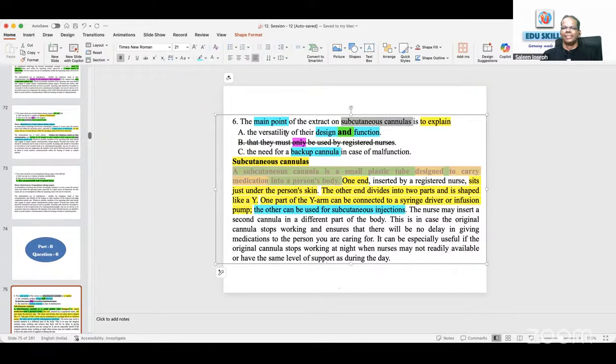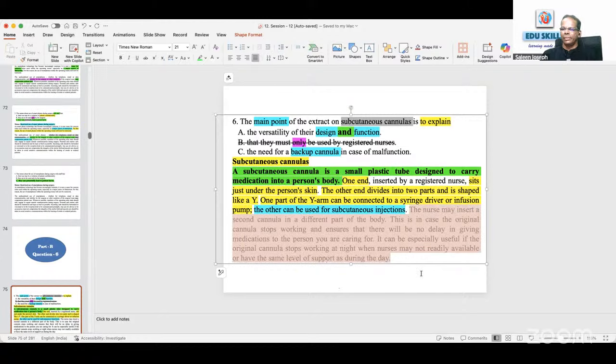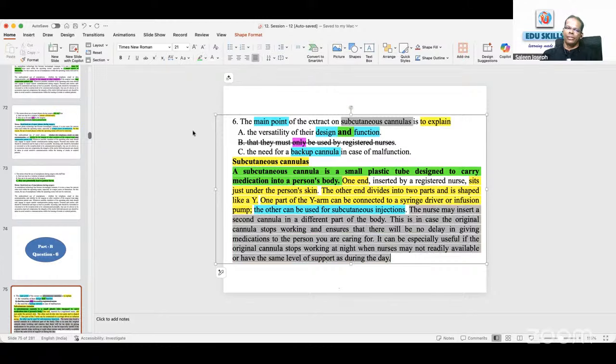Nothing else. Topic sentence gives you the point, and the nurse part is secondary information. You need not read all those things. Out of 800 words in the text, you need not even read 300. Less than 300 you need to read if you know the strategies. Any doubts?